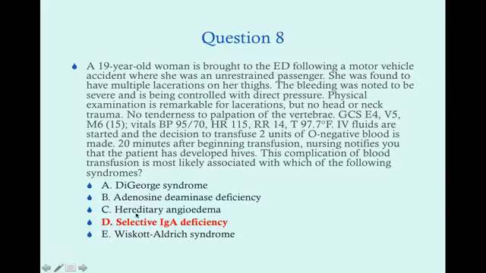So hereditary angioedema. Remember what that is. That's that C1 inhibitor deficiency, where when they come into issues with trauma, like this patient, who got into a car accident, had lacerations, possibly some bony injuries, but we don't know. What happens is that there's this trauma and their complement system gets activated.